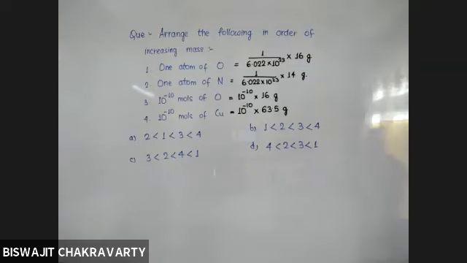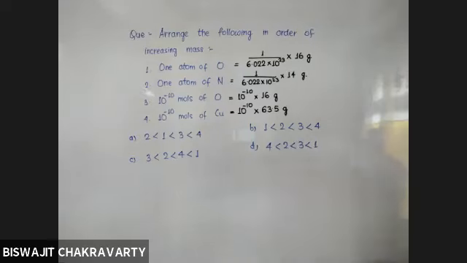Number 3. So option number 1 and 2, 4 is there, 3 is the highest. Now 2 and 1, which has higher value? 1, na? 1, because 16 is at the numerator and there 14 is at the numerator. So what do you think will be the correct answer? A. Sorry. Option number A is the correct answer. Have you understood? Yes, sir.